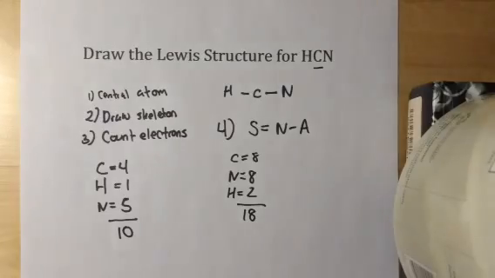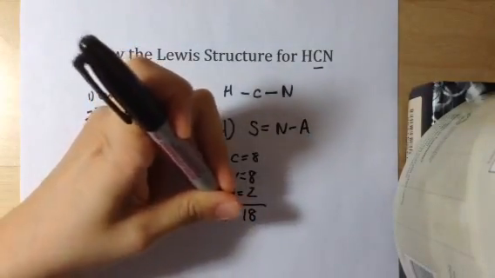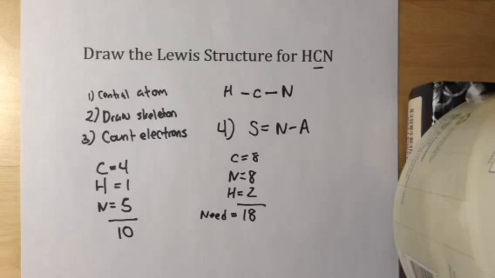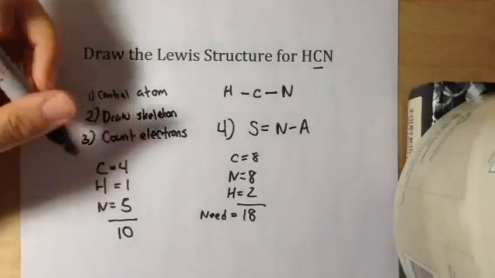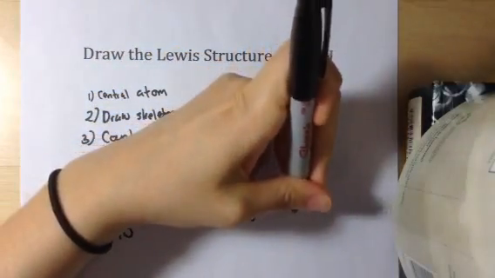So when you add that up, 18. So need equals 18. I'm going to write need because we have a nitrogen there, and that could be confusing. Available, we already did the math on that. So our available is 10.